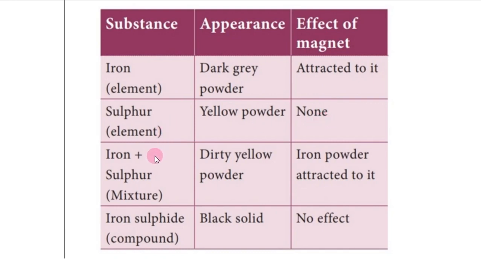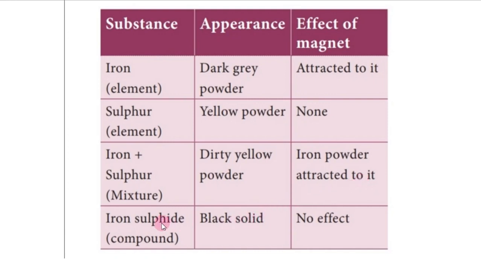Then the third one, iron plus sulfur. When we mix them together, a dirty yellow powder forms. The effect of magnet: some iron particles are there, so only those iron particles can be attracted. Iron powder is attracted to the magnet.